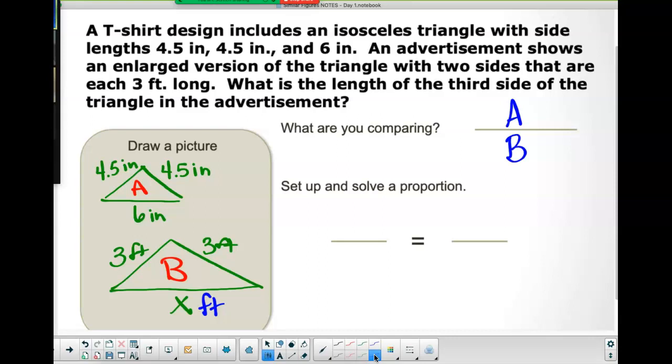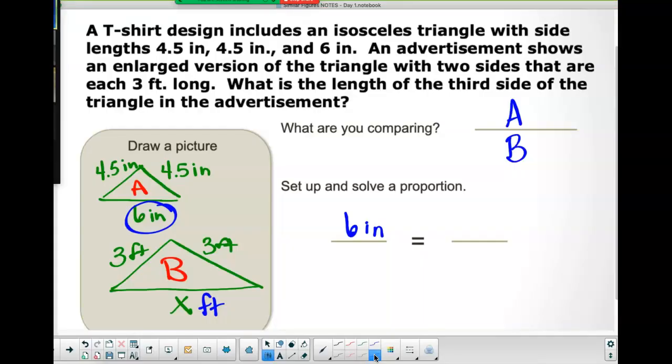So pick a side on A. Does it matter which side I pick? Not really, we can pick any side. I'm going to pick the bottom. 6. The 6 inches matches up with which side on B? What does the 6 match up with?